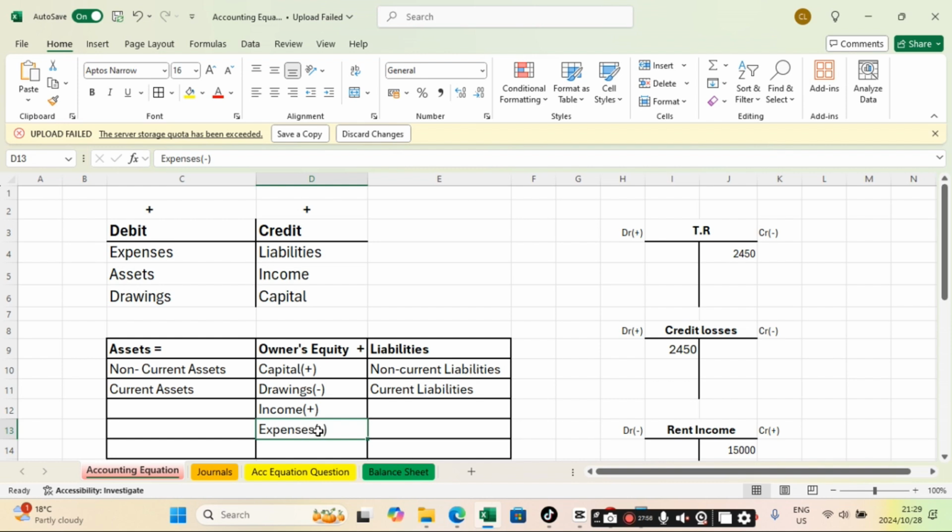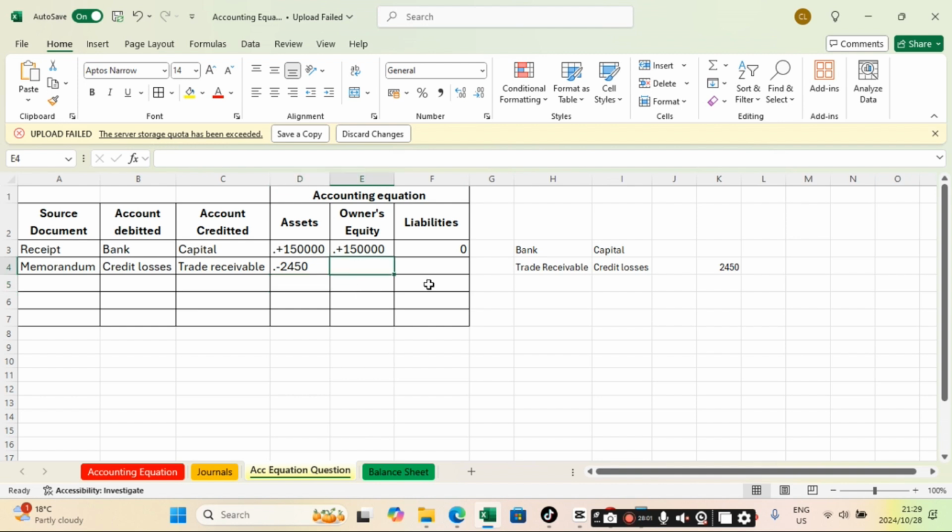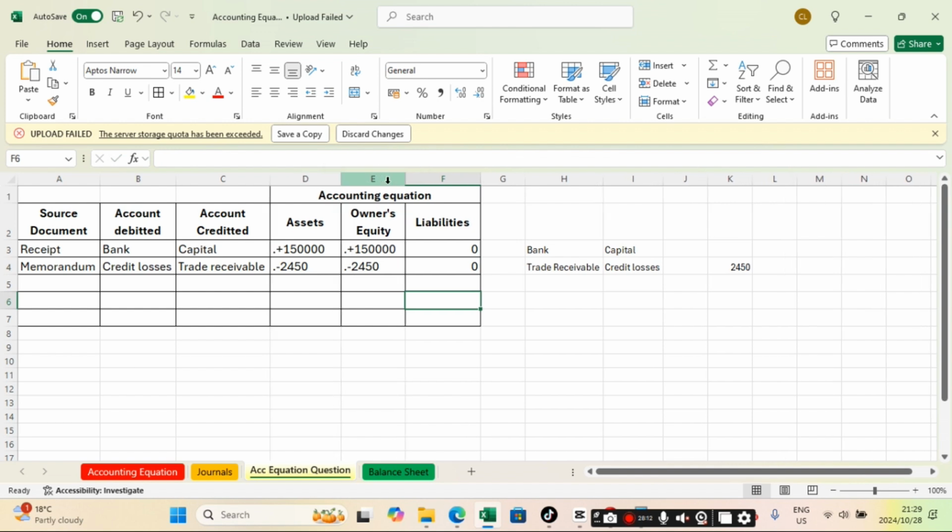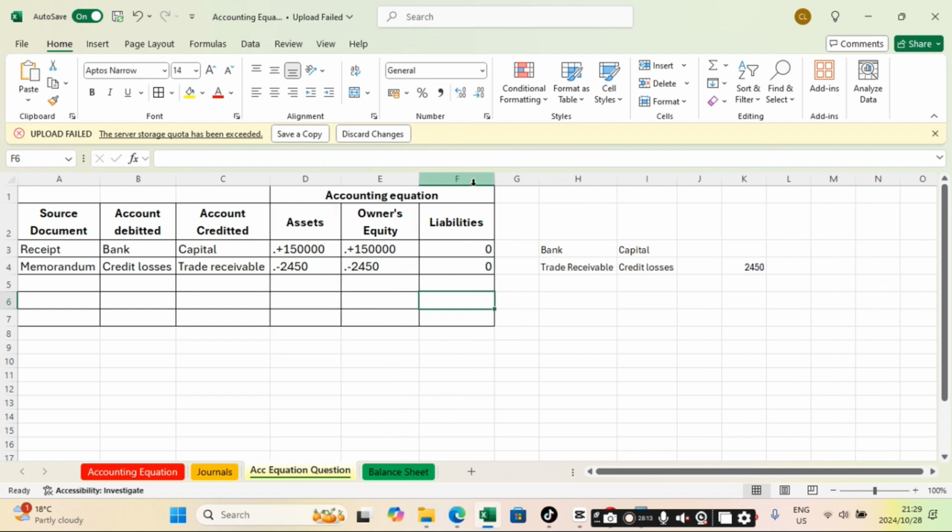How is it being affected? Negatively. So it's going to be a minus 2,450. And then our liabilities are not affected, so we have a 0 under our liabilities. So far, so good. I'm done with that.